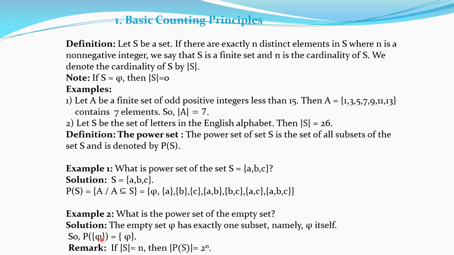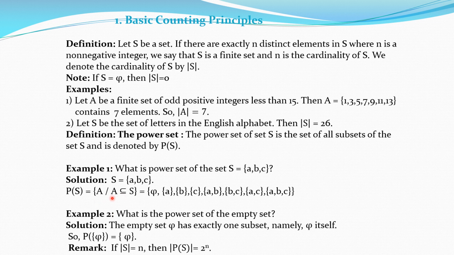Now, there is one important thing. If S contains n number of elements, it means cardinality of S is equal to n, then cardinality of P of S, means number of elements in P of S, is equal to 2 raised to n. Now, see in first example, S contains 3 elements A, B, C. So, cardinality of P of S is 2 raised to 3, that is 8.